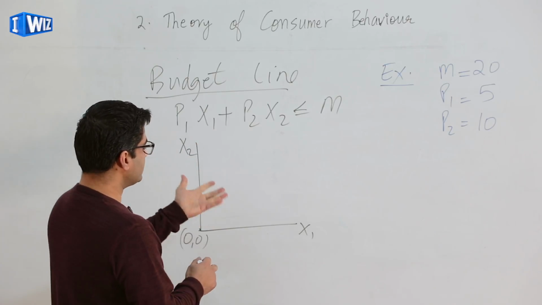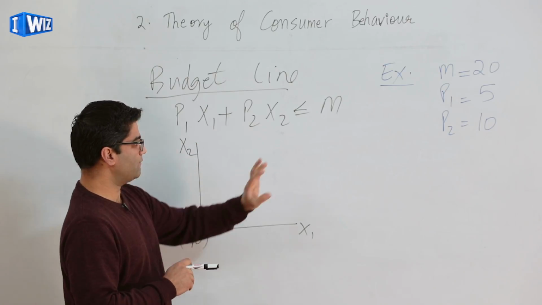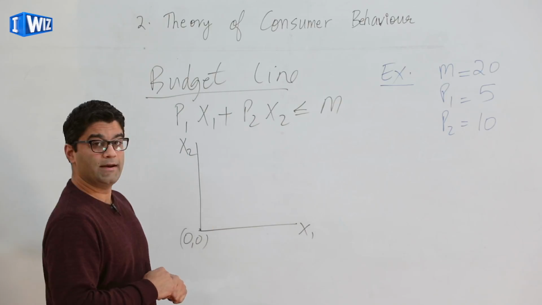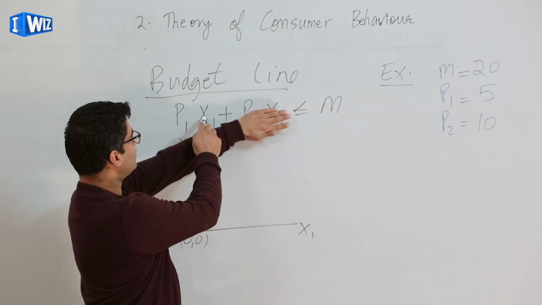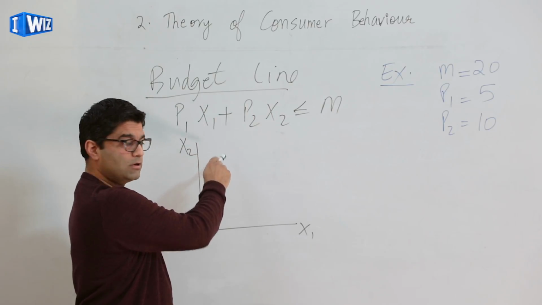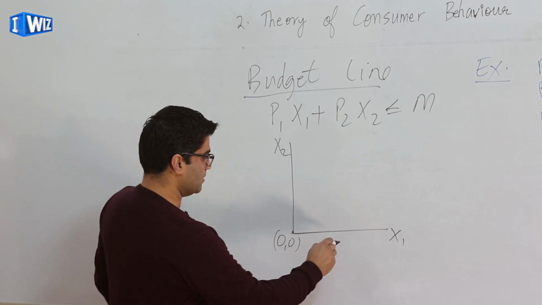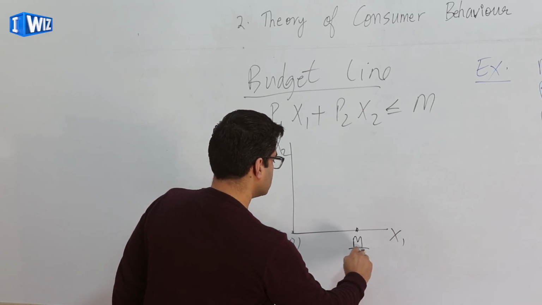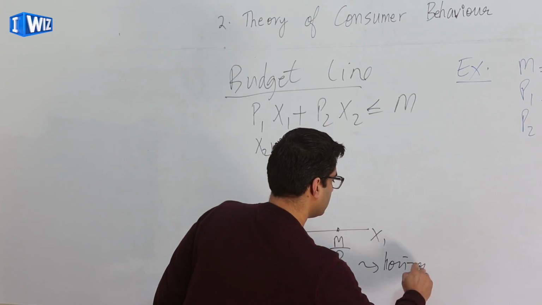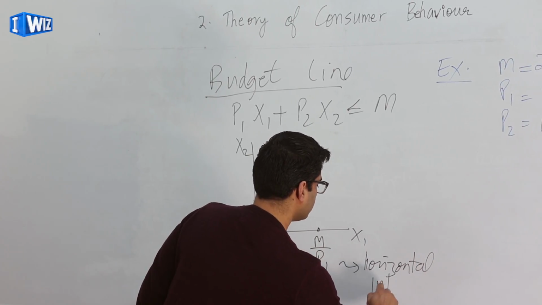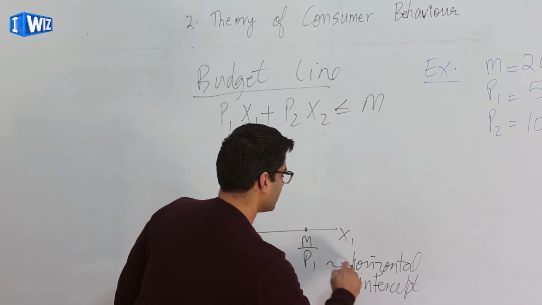So let's look at the intercepts. Given these parameters, if you want to consume nothing but good 1, which means you're not consuming any of good 2, the total amount of good 1 that you can consume is going to be m divided by p1. And that is known as the horizontal intercept. We're going to do the same thing for the vertical axis.